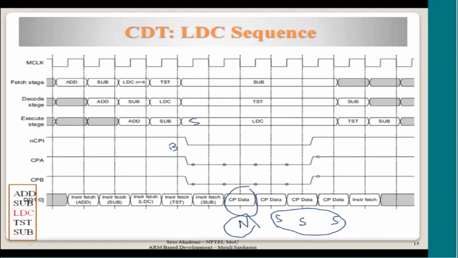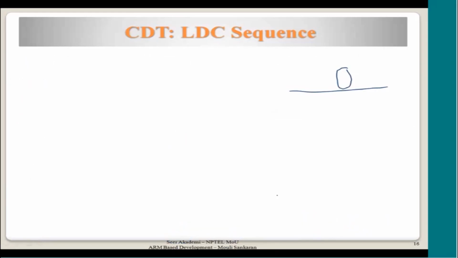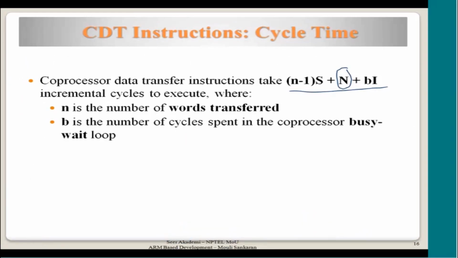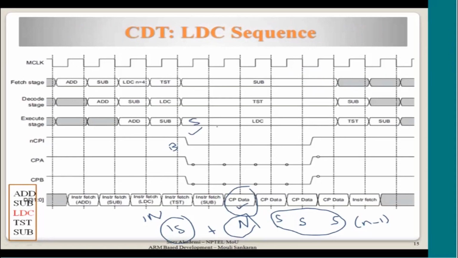So 1N, and then the number of words minus 1 S. The number of words transferred plus 1S anyway for the execution address generation. So effectively this will be nS and one capital N, that is the non-sequential address. The first address will be non-sequential, so that is what you will see: 1N, (n minus 1)S, and busy wait I. Now let me tell you how many are there here.